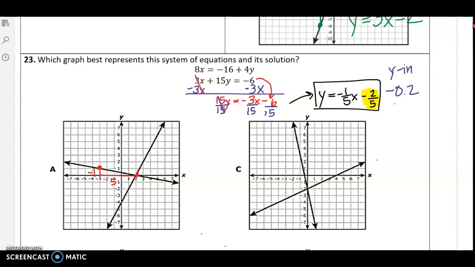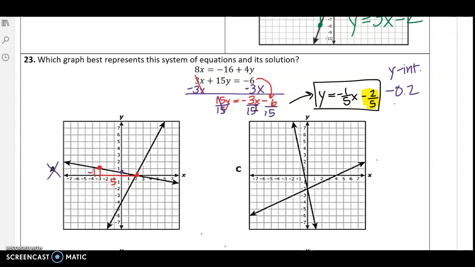So I'm looking for a line that has a y-intercept of -0.2 and has a slope of -1/5. Now, answer choice A did have a slope of -1/5, this line here, but the y-intercept looks like it's at positive. It's right here. Looks like it's at +0.2. So unfortunately that doesn't work out.